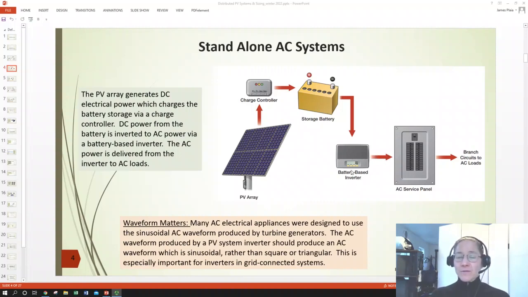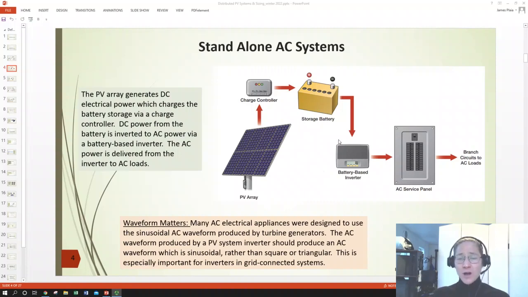So the output of our AC inverter is going to be our service panel, and from that we can power several circuits, and this is effectively analogous to the type of AC service panel that you would have with a grid connected system, or just a standard home power service panel, not a renewable system.